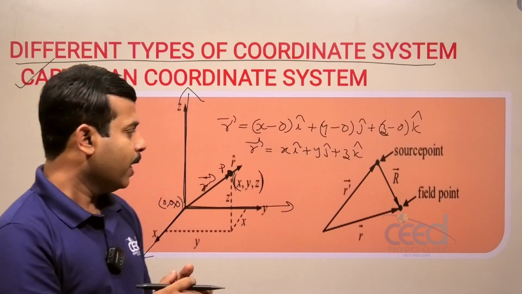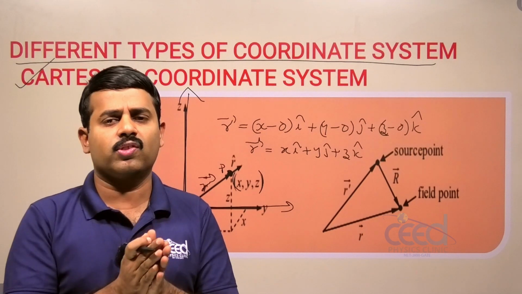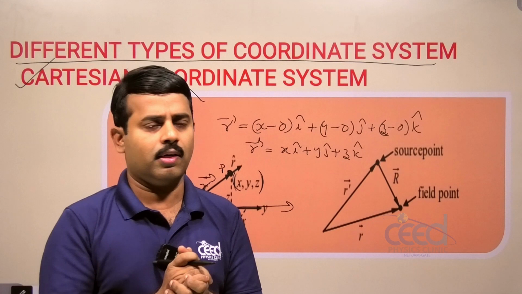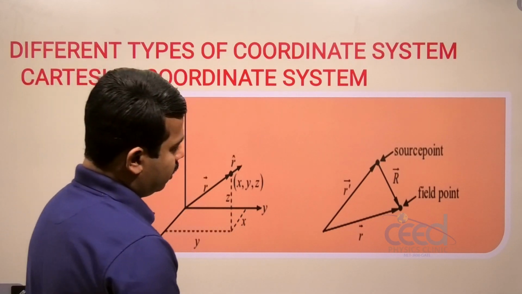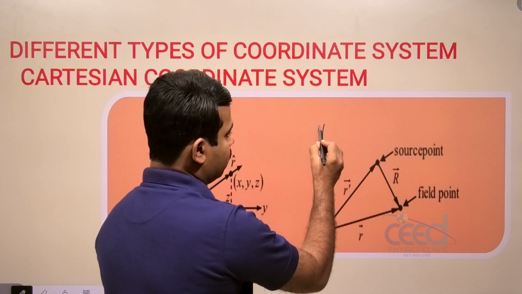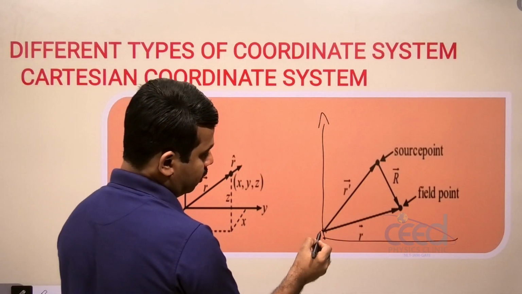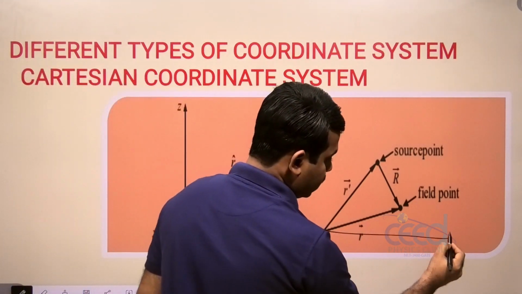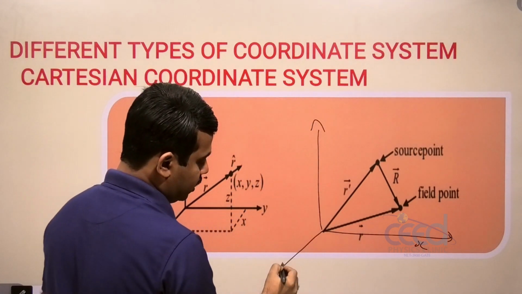Now, how do we represent a displacement vector in the Cartesian coordinate system? Let us look. Here I am considering an x and y coordinate system. This is my x-axis, this is my y-axis and this is my z-axis.